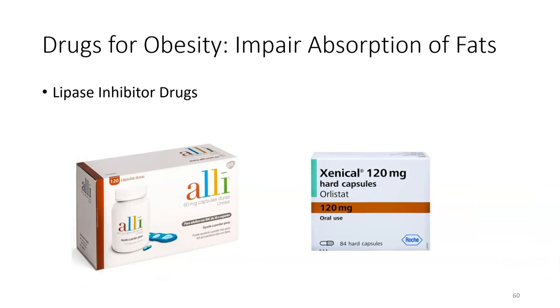Now, those classes of drugs are going to help reduce your appetite. This drug is a lipase inhibitor. So what a lipase inhibitor does is it stops the enzyme that breaks down fats during digestion and allows them to be absorbed.